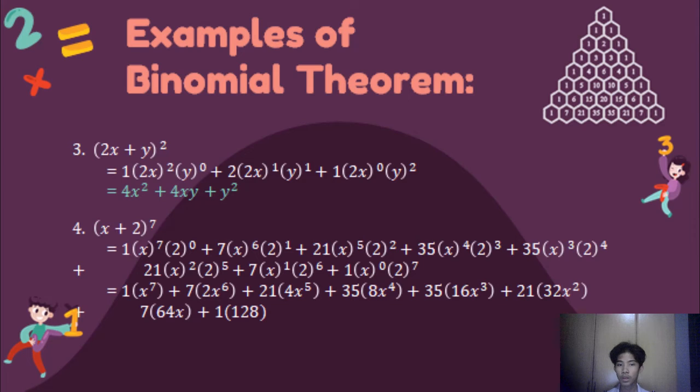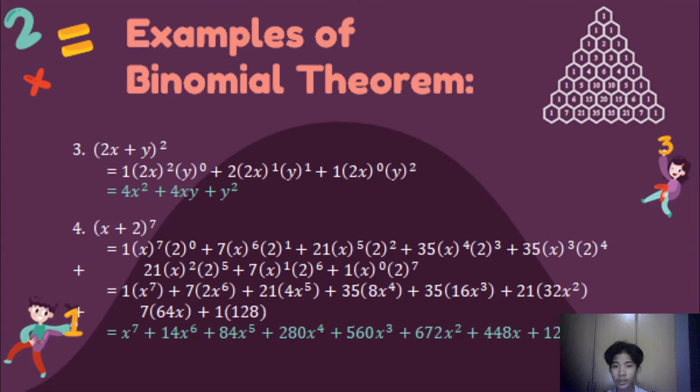After simplifying the exponents and multiplying inside each term, it will be 1 quantity x raised to 7 plus 7 quantity 2x raised to 6 plus 21 quantity 4x raised to 5 plus 35 quantity 8x raised to 4 plus 35 quantity 16x raised to 3 plus 21 quantity 32x squared plus 7 quantity 64x plus 128.